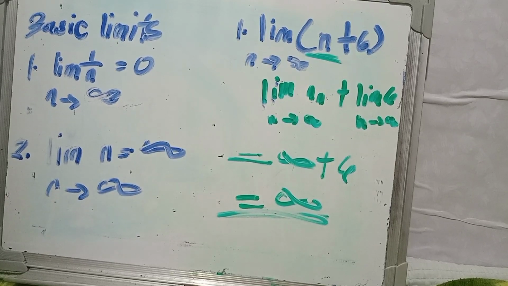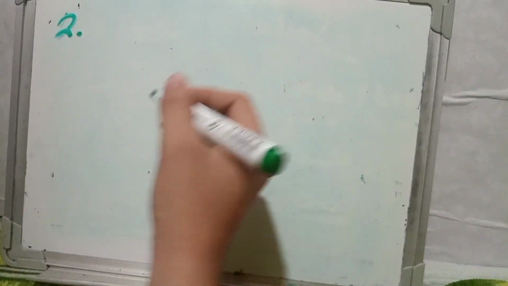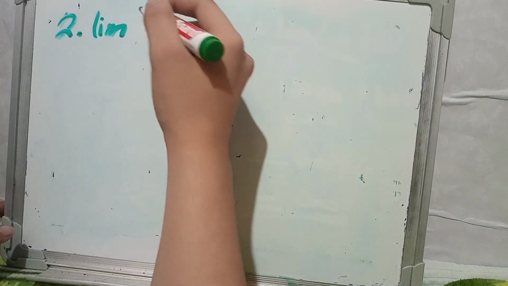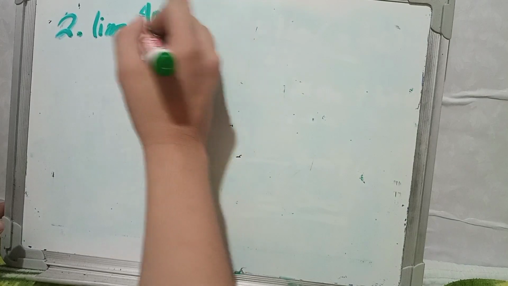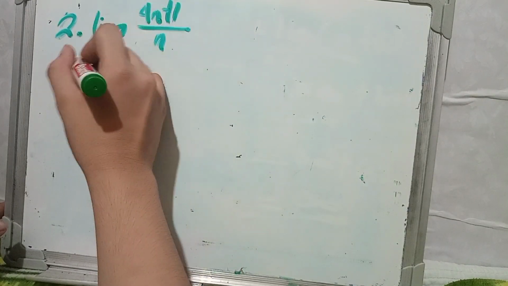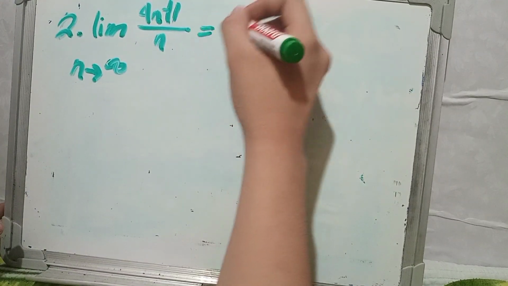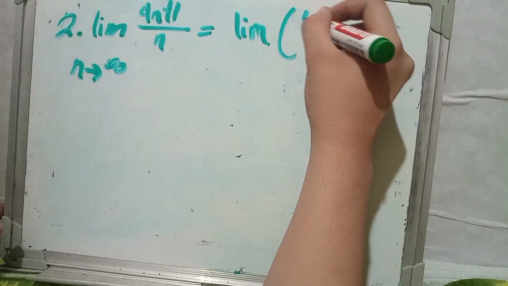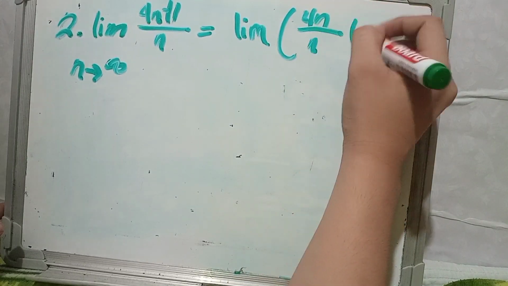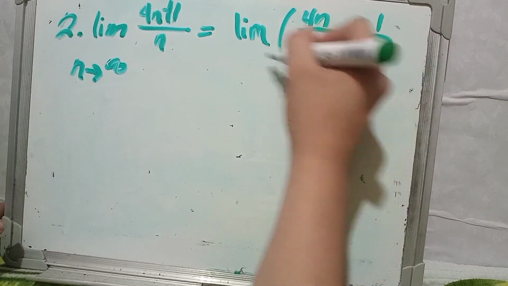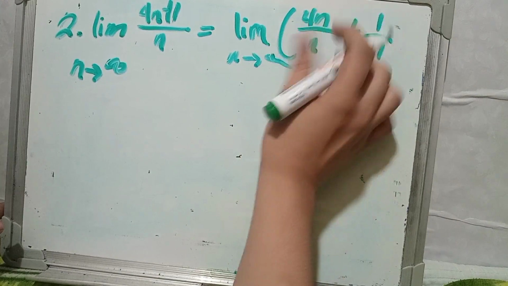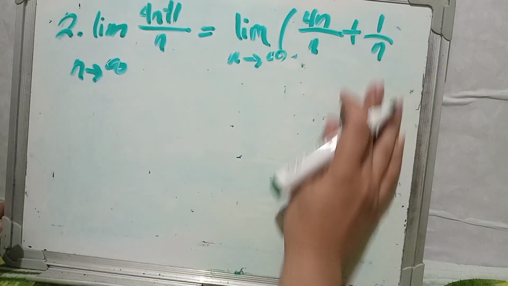So we're going to move to number 2. The limit of ln of the quantity 4n plus 1 over n, where n is infinity again, is equal to ln of the quantity 4n over n plus 1 over n.